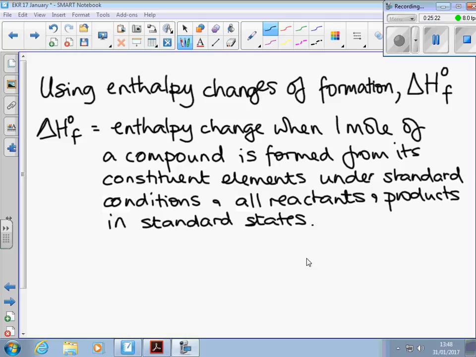There are different types of enthalpy change. Any sort of change, whether it's a change of state, a change in a reaction, anything like that, is going to involve energy moving. It takes energy to break bonds. It releases energy when bonds form. And you can look at that in all these different ways.